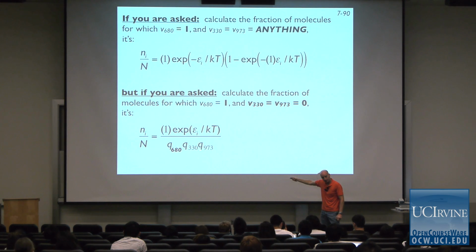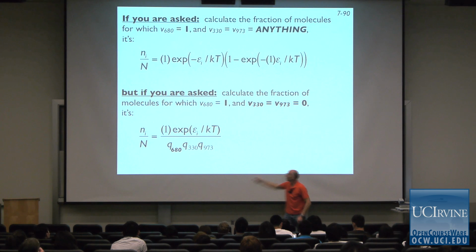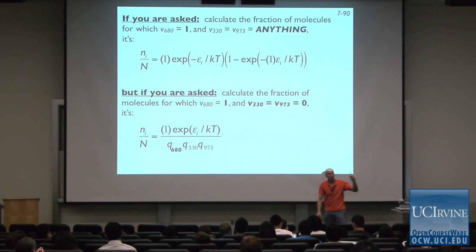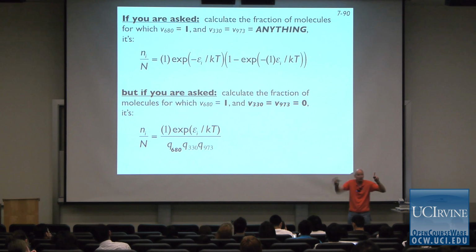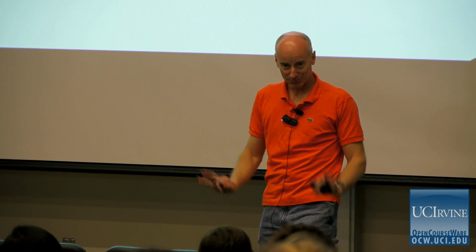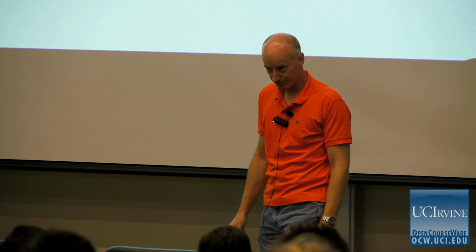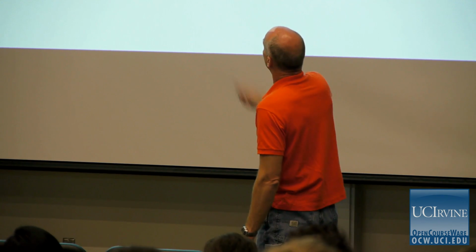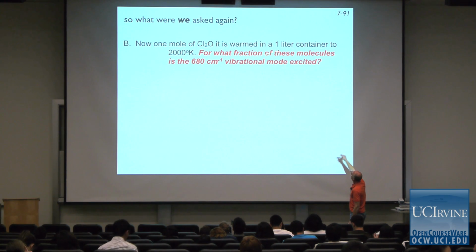So if you specify all 3, you need all 3 in the denominator. If you specify 1, I only want to know what 1 is doing, I don't care about the other 2, you only use the one that you care about. I don't think your textbook does a good job of explaining this fine point.